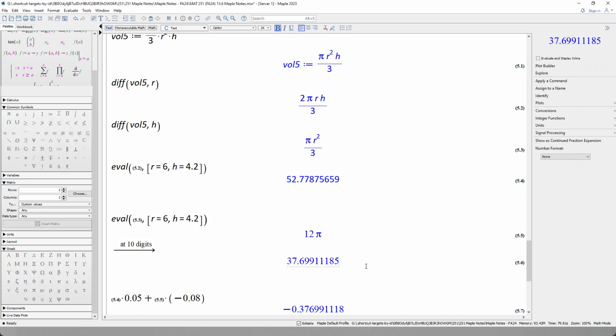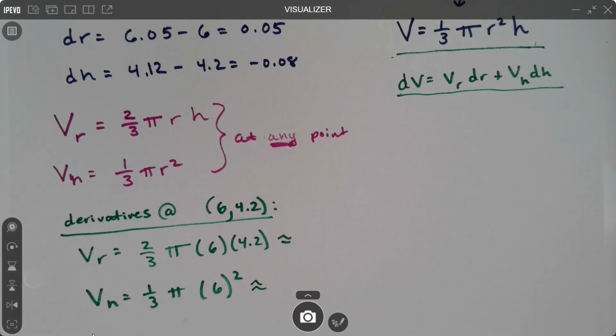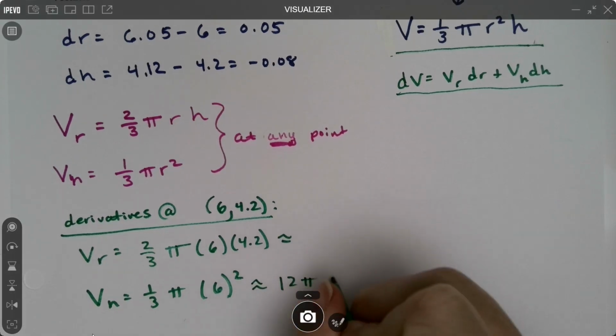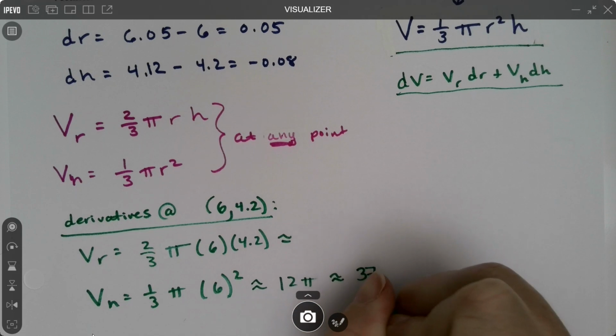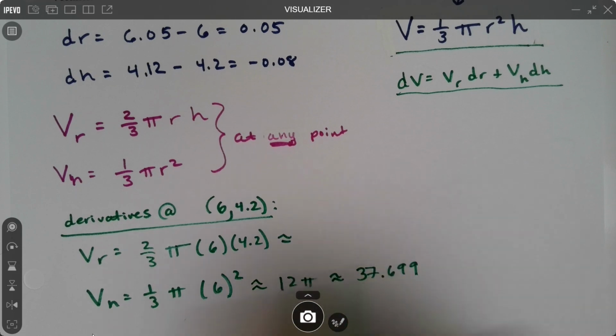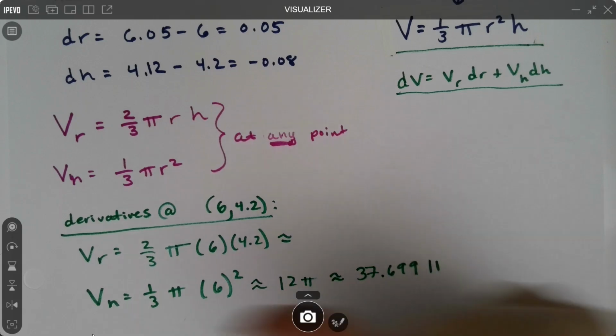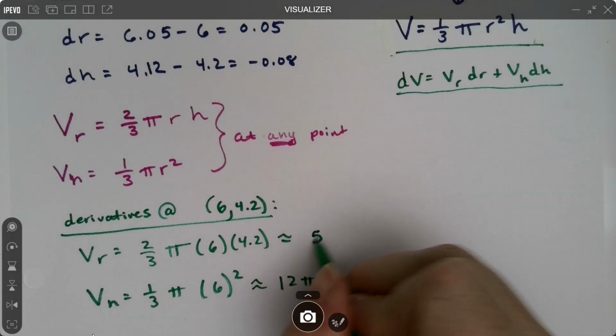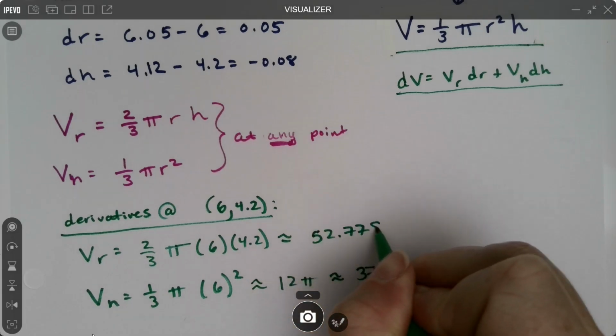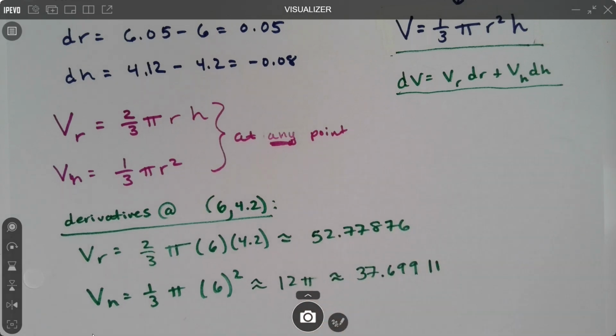Actually, I boosted it to 10 digits so we could see. Okay, so we're going to put those two values in right now. This is 12 pi, which is about 37.69911. And this one was about 52.77876 or so.